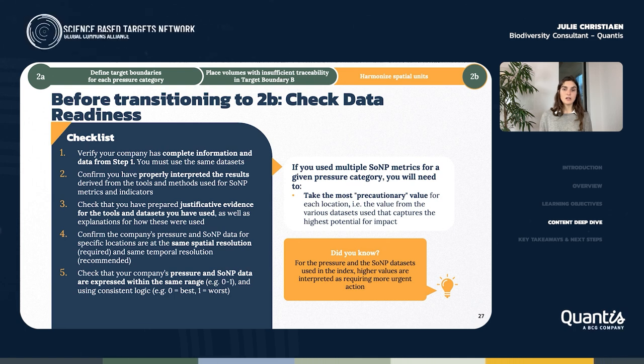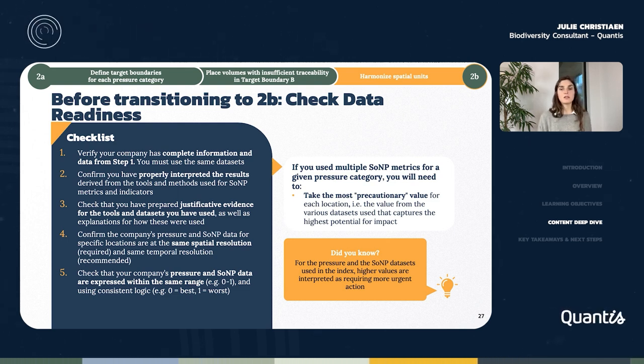Thirdly, you want to check that you have prepared justificative evidence for the tools and datasets you have used, as well as explanations for how these were used. Fourth, you want to confirm the company's pressure and state of nature data are at the same spatial resolution for the same location.